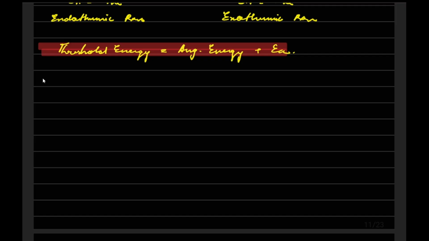Therefore, a concept came, that is the Gardiner concept, which told us about the dependency of activation energy and A, the Arrhenius constant, that is the exponential factor and frequency factor, on temperature.